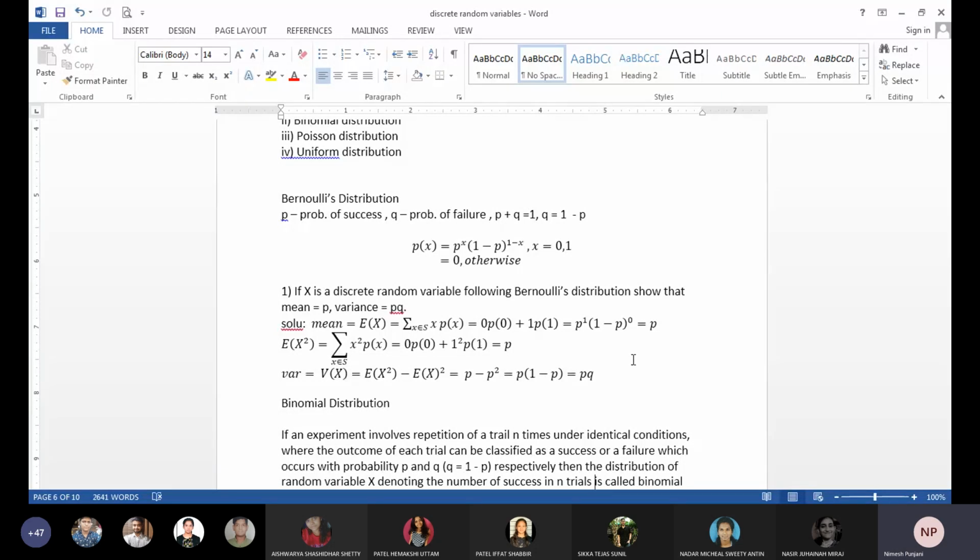An example of a Bernoulli trial is tossing a coin.